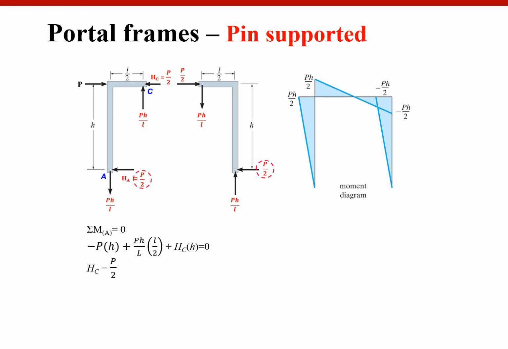But you need to memorize these two values. Okay, when you apply P, each column will take care of 50% of P. So the horizontal reactions of each column are equal, and each will be half of the applied lateral force.